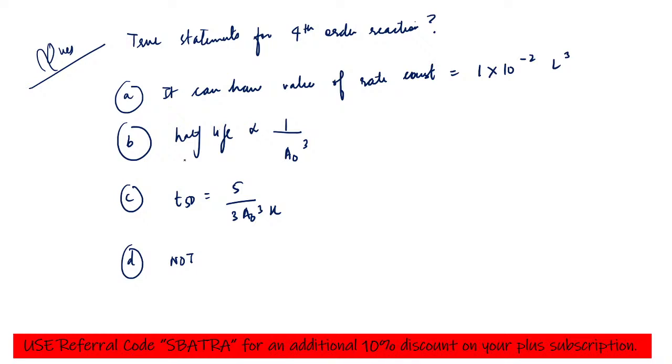So, true statements for a fourth order reaction. First statement says it can have a value of rate constant equal to 1 into 10 to the power minus 2 liter cube. Second statement, half-life is inversely proportional to A naught cube.